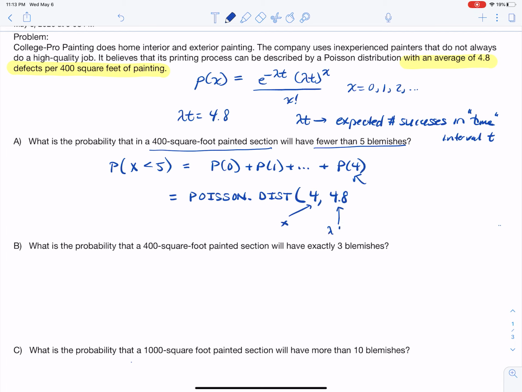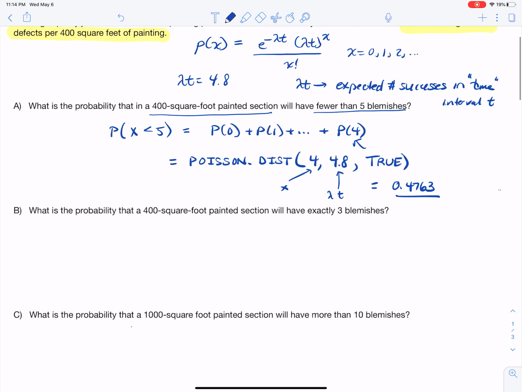I'm going to call this lambda t. And the last entry is whether or not we're using cumulative. We've seen this before with binomial. That is true. And when you put that into Excel, the final answer should be 0.4763. So having up to 4 blemishes would be almost a 50% probability.